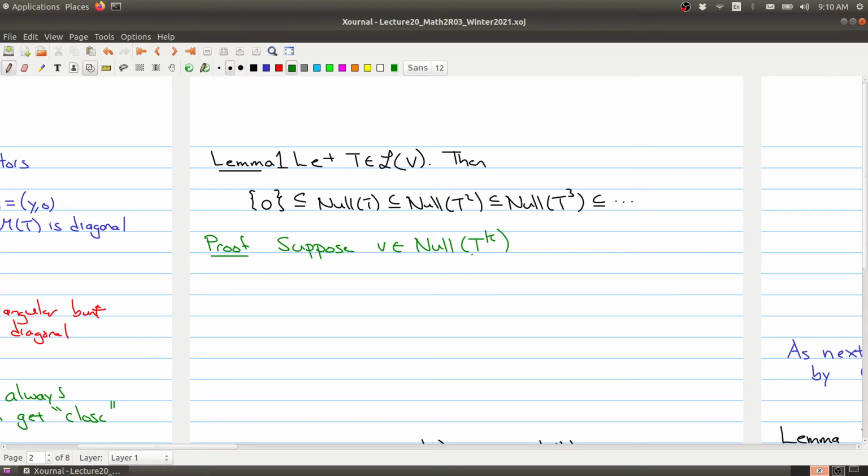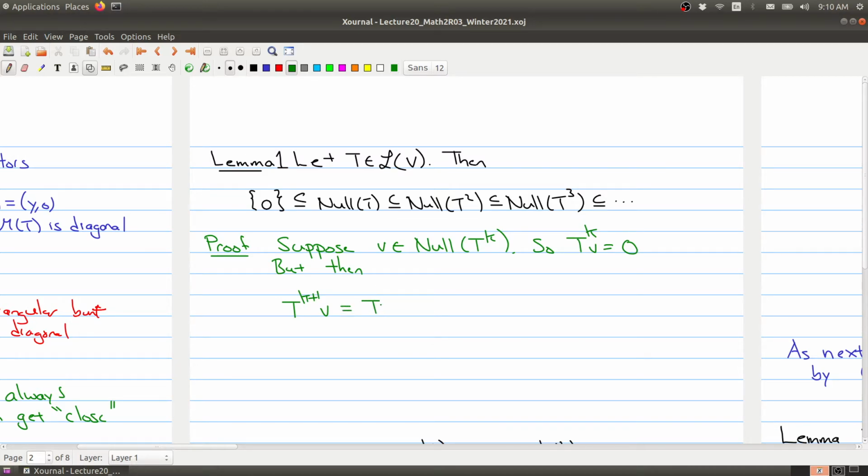Suppose that you took a vector v that's in the null space of T to the k. So by definition, that means that T to the k evaluated at v gives you 0. But then if we're interested in what happens when we plug v into T to the k plus 1, we have T to the k plus 1 evaluated at v.